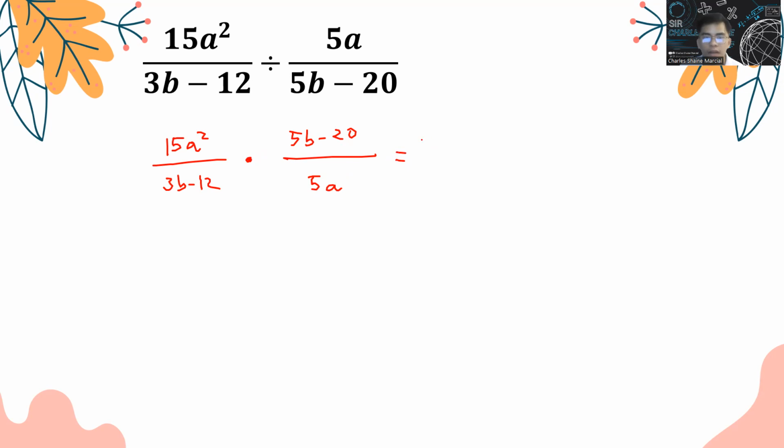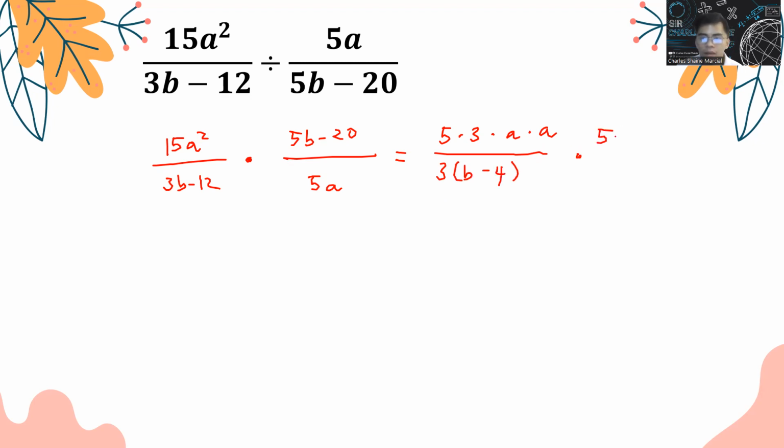Now, try nating i-factor lahat. Ano yung common factor ng 15 and 5? That is 5. So, magiging 5 times 3 times a times a. Over, factor out natin yung 3. Then, ilabas sa parenthesis. So, we have b minus 4.